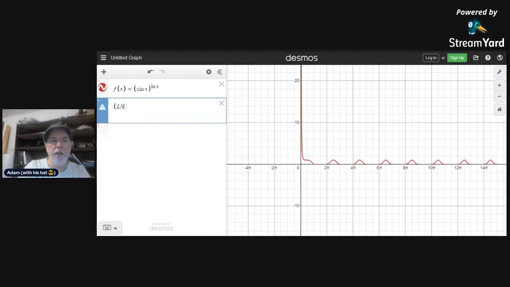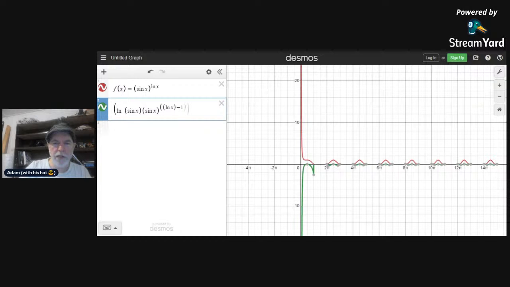Okay, so we've got the log of sine x times sine x, all to the power of log x minus 1, and double check here.